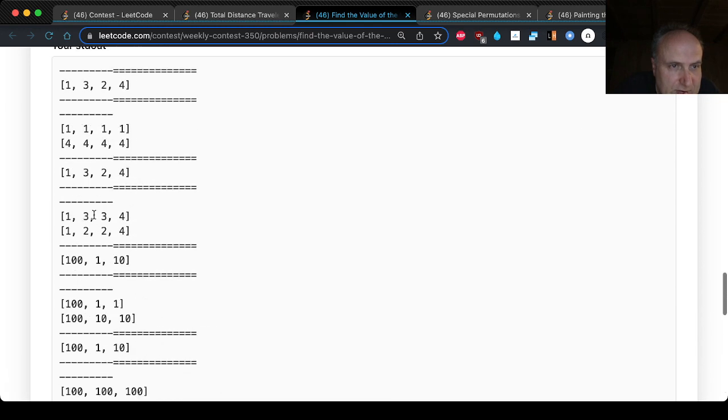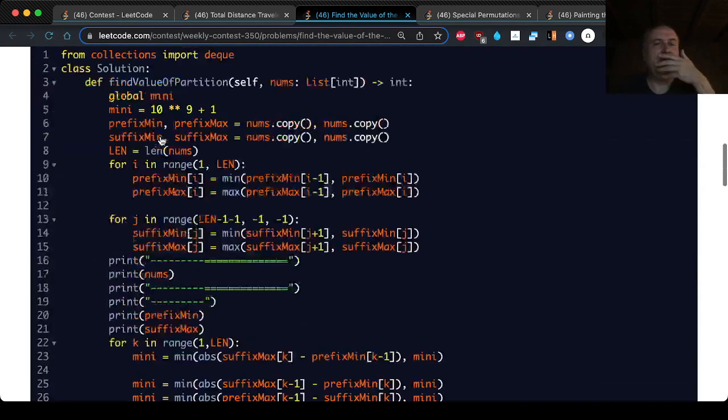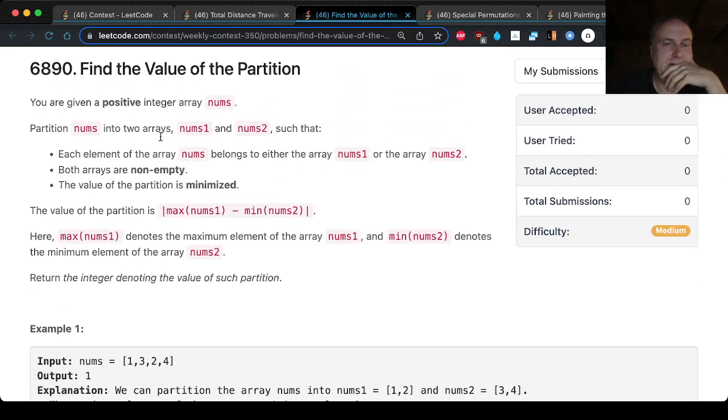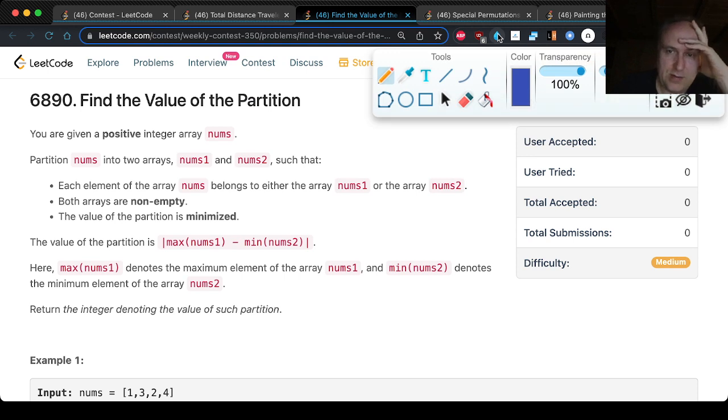So it shouldn't be 14, it should be 8. Why? So the difference between this one and this. But it can't be min, it can't be max. Okay, so I'm sure I must have misread the problem because there is something I'm not getting here. This keeps on happening to me. So let's see.